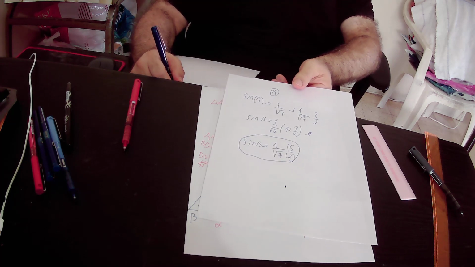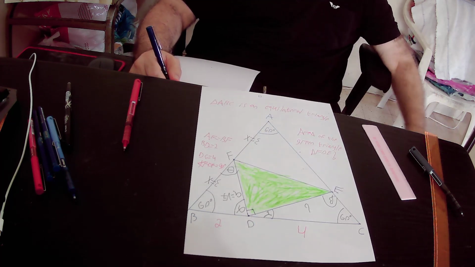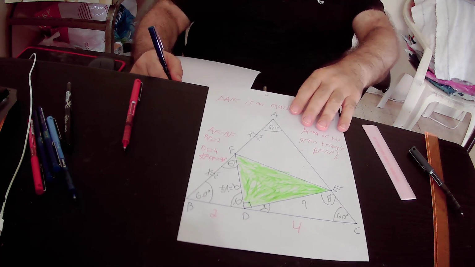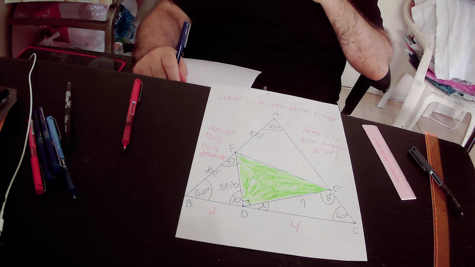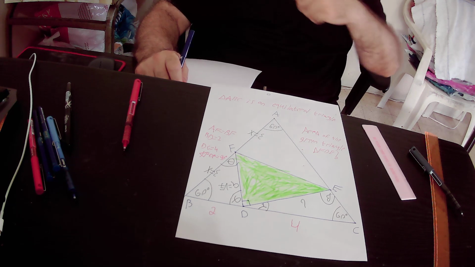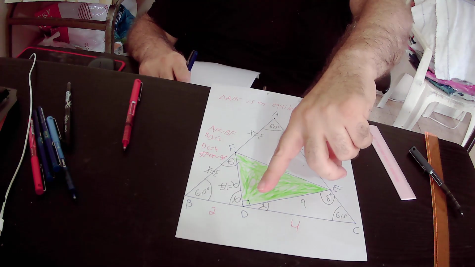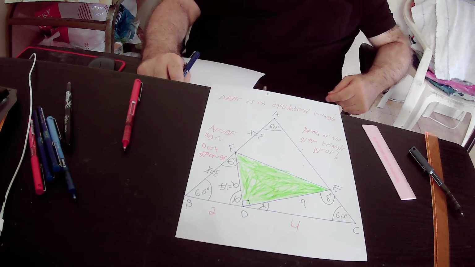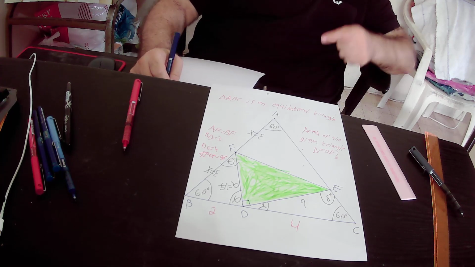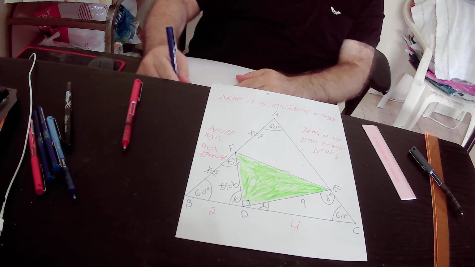After we know the value of sinus beta, we can actually find the value of B, that is DE, according to the law of sines in triangle DEC.